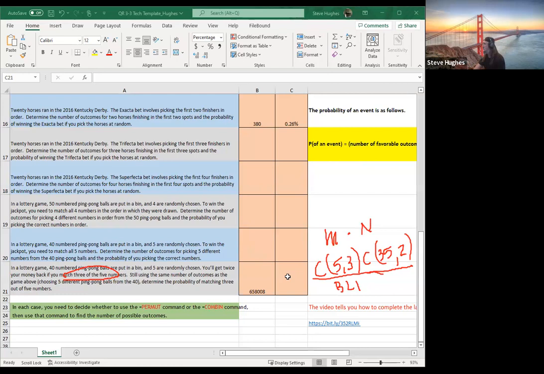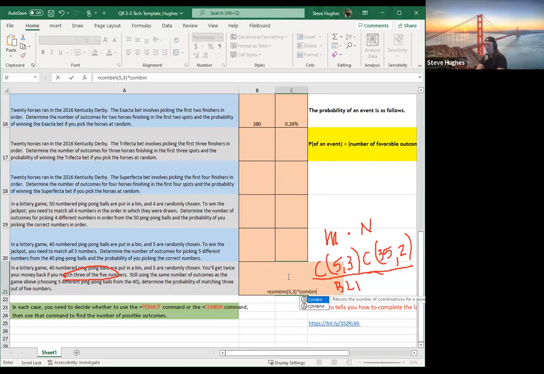Okay, so let's see about typing this in here. All right, equals combination 5, 3, times combination, and what was that combination?